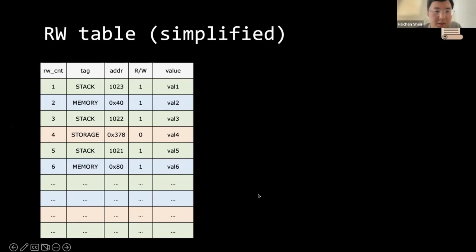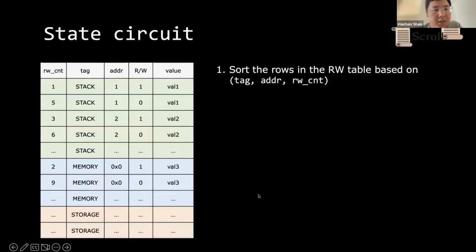These are the trace records you have. Then the first thing, when fitting into the RW circuit or RW lookup tables, is that you sort them by certain rules. For example, we want to sort first by different tags, by different sections. So all the stack, all the memory, all the storage will be sorted into different sections.